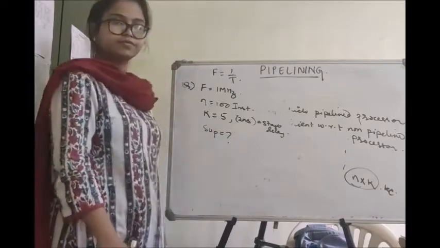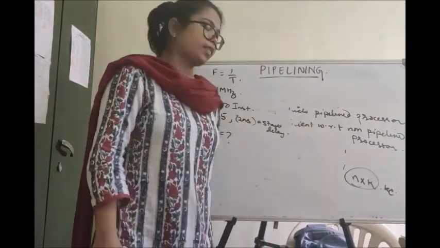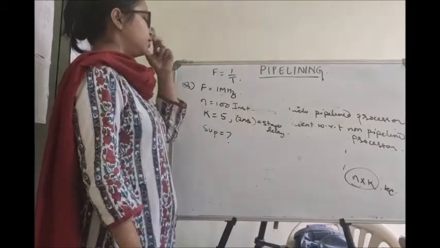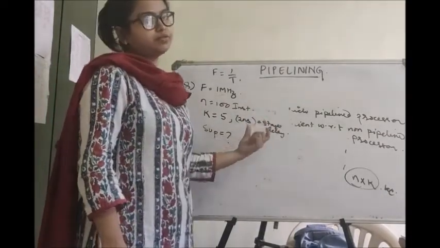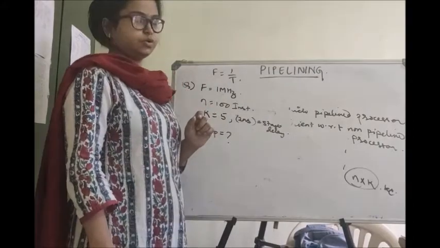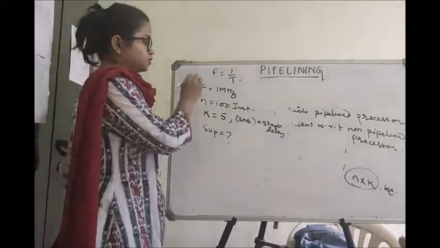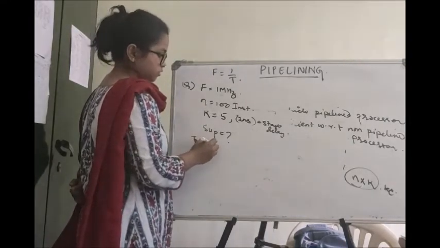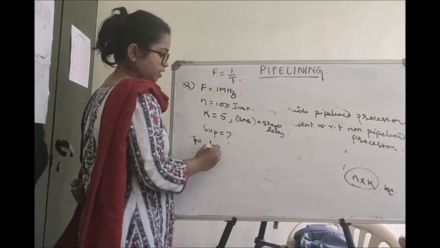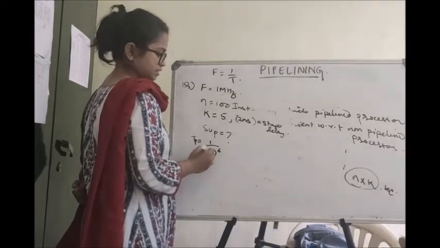Can you solve it? Could you try? We usually have to find the time taken by the pipeline processor and the time taken by the non-pipeline processor, and divide them. First we have to find the time period. Tp is 1 by 1 megahertz. Megahertz means 10 to the power 6.